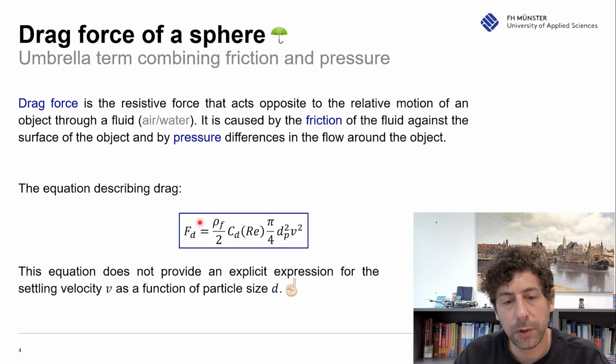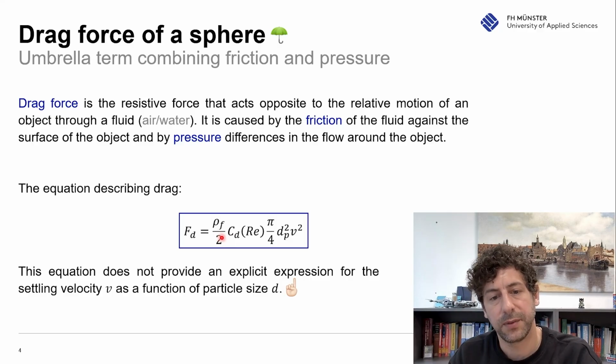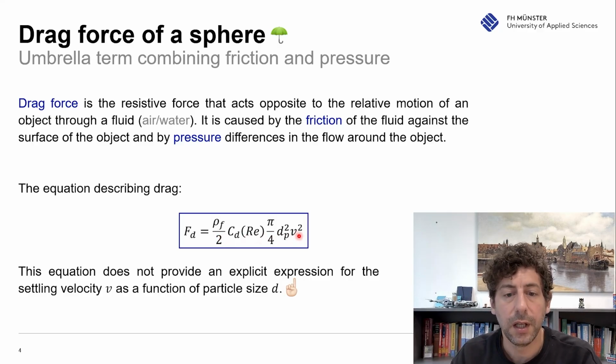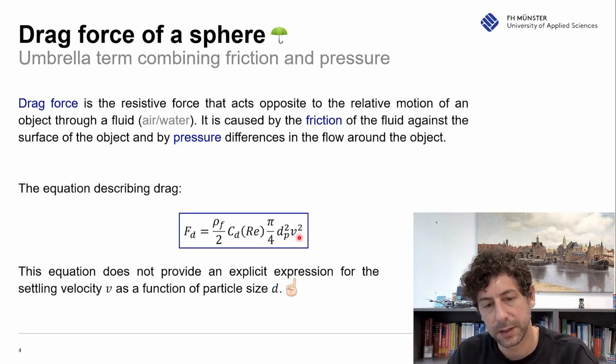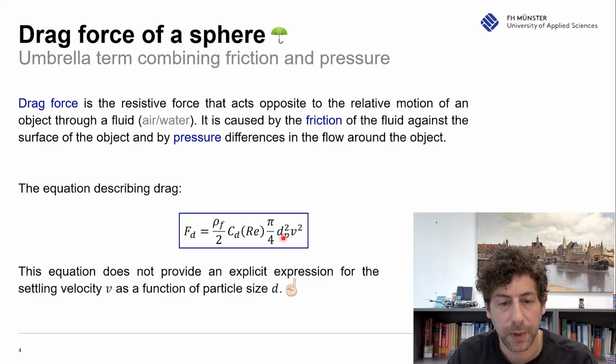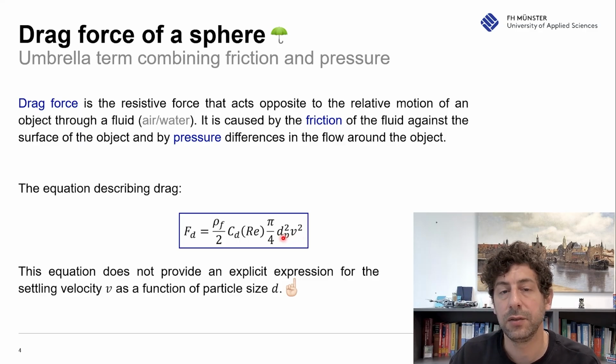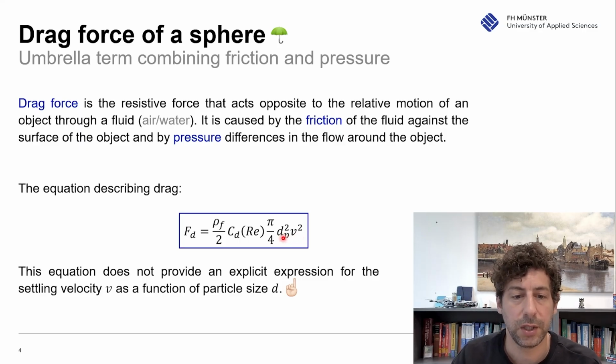Why? If you want to reshape this equation so that the particle size equals something as a function of velocity, or the velocity equals something as a function of particle size, this is not possible for the full equation because of this expression here, right?